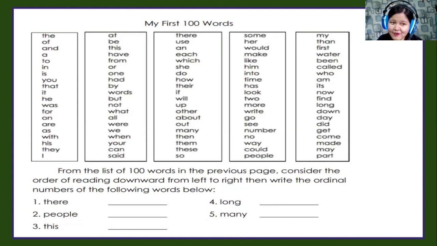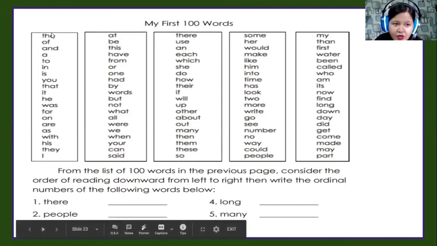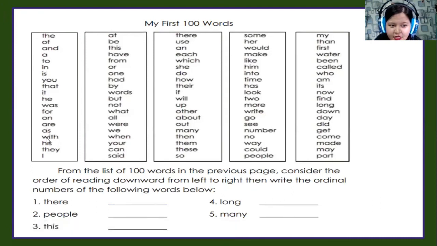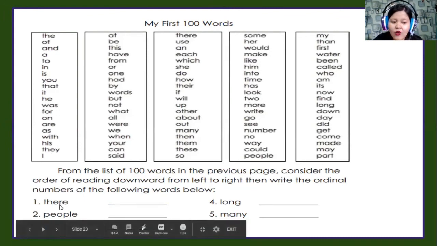Meaning we have first, second, third, fourth, fifth, sixth, seventh, 8th, 9th, 10th, up to 20th. You're going to write first all the ordinal symbols of these words from first to this last word.